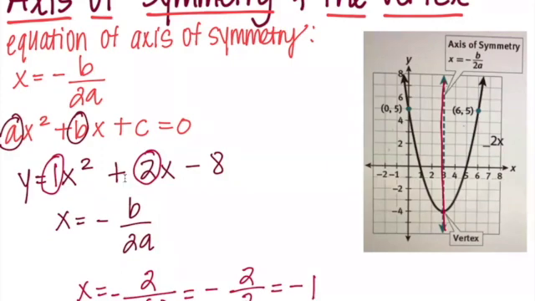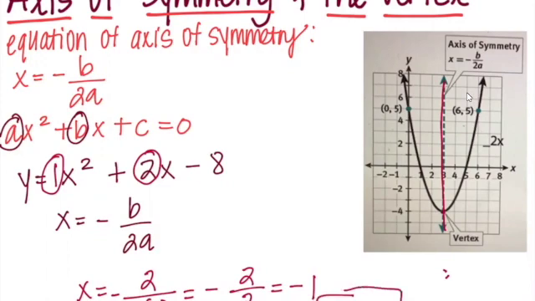And then as far as finding the vertex of that function, the x coordinate of the vertex would be x is equal to negative 1 as well.